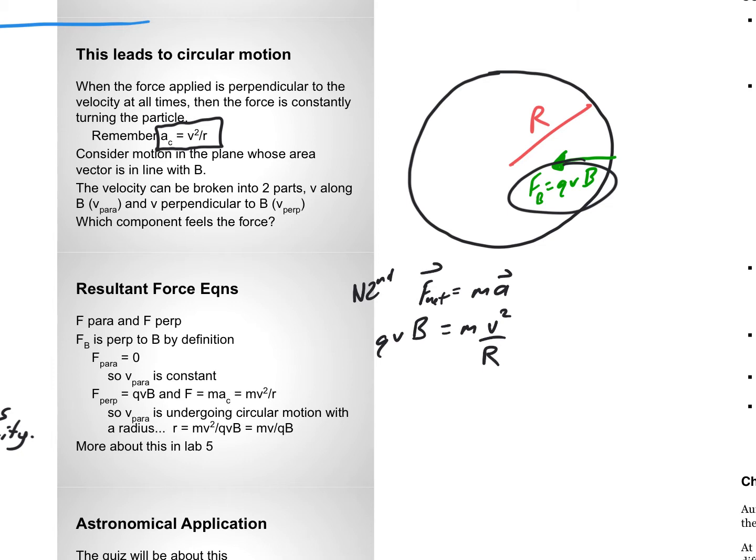One factor of the speed cancels out of both sides. And I can rewrite this to determine the radius of motion to be mv divided by qB. This is the radius of motion.